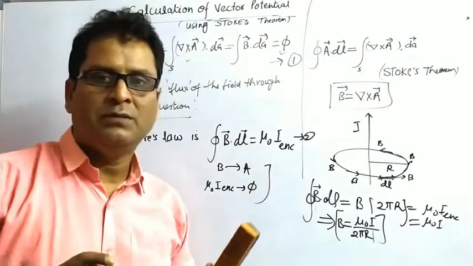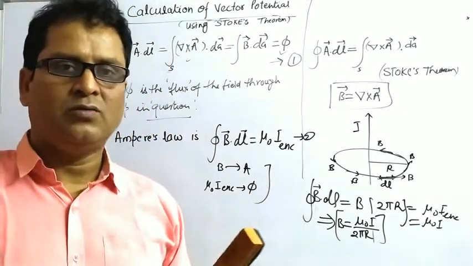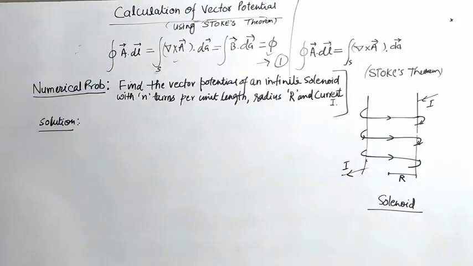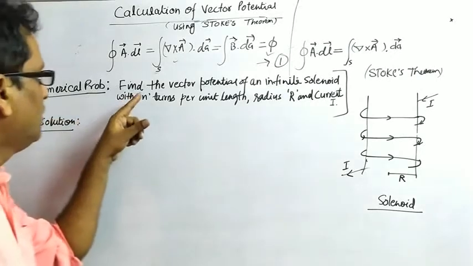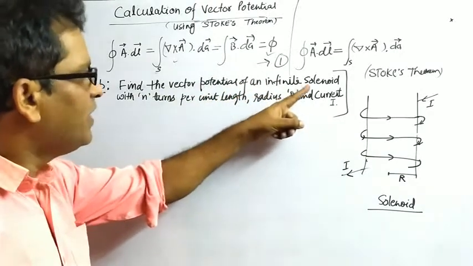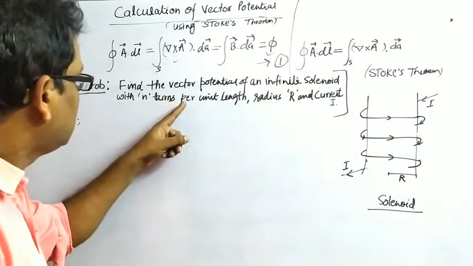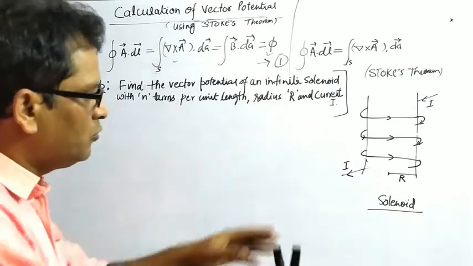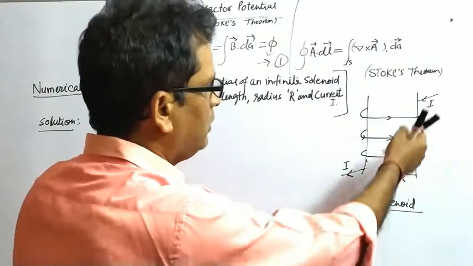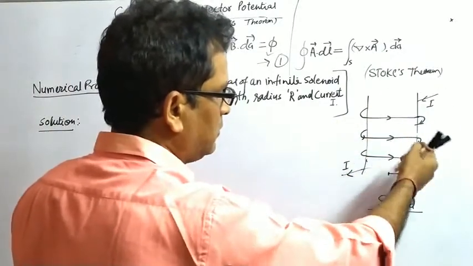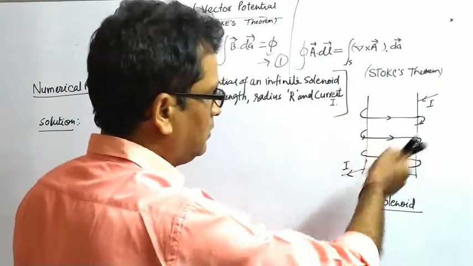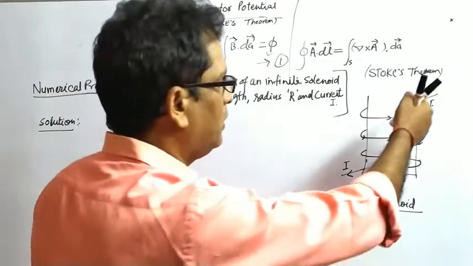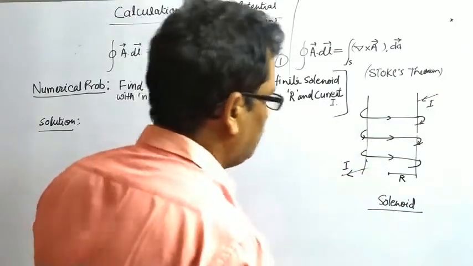वो एक एग्जांपल से मैं सोलेनॉइड का केस लेके समझाने की कोशिश करता हूँ। So let us try to explain this by taking a numerical problem. Find the vector potential of an infinite solenoid with n turns per unit length, radius r and current I, as shown over here. This is the solenoid, these are the turns, various turns of wire, and current I is flowing through the wire.